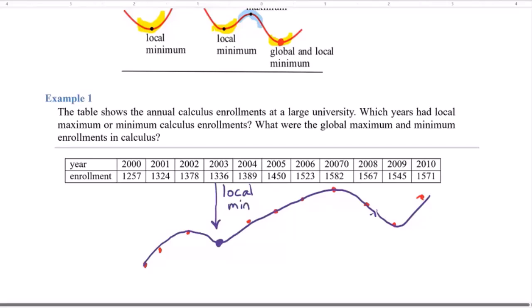And I can see right here, I have a local maximum. Also here, I have a local minimum. Okay? These are all local because they're the highest and lowest points in this area.